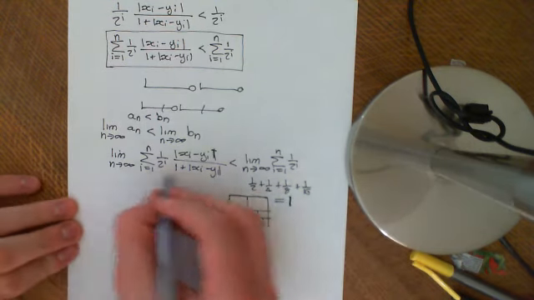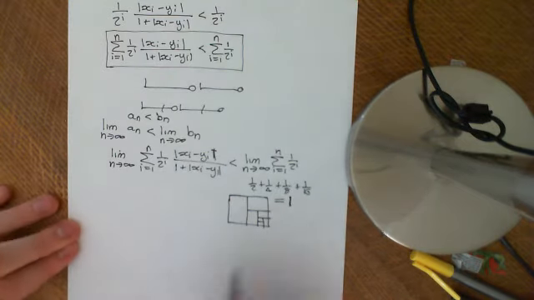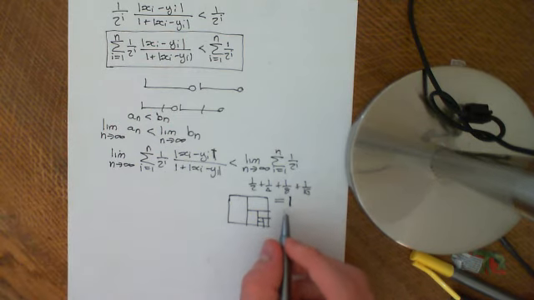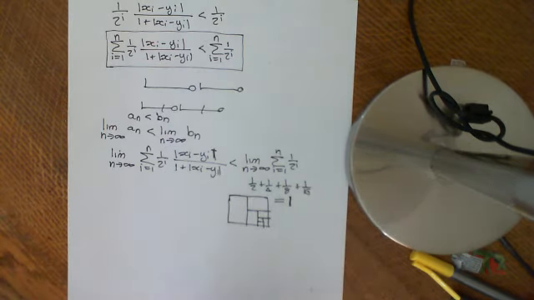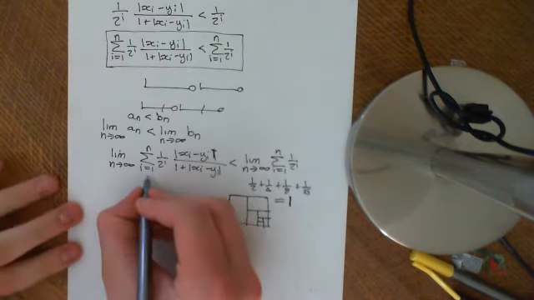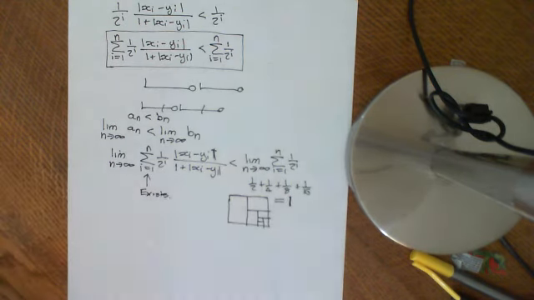So this limit of partial sums is less than 1. So we have a bound for this monotonically increasing sequence, therefore its limit does exist. So the function is well defined.